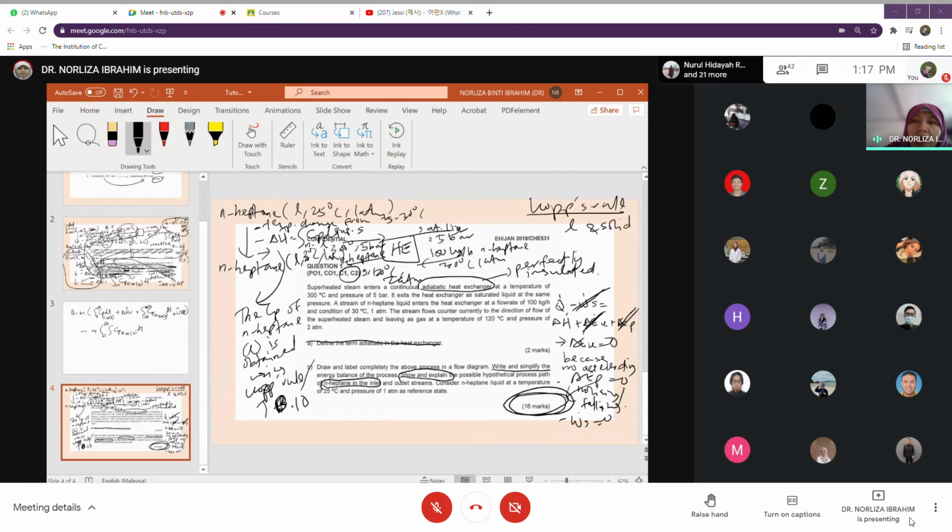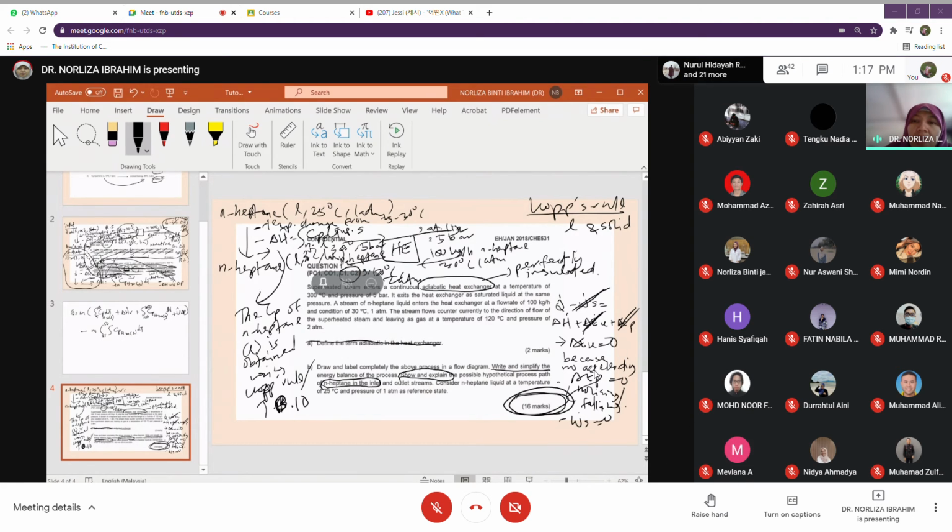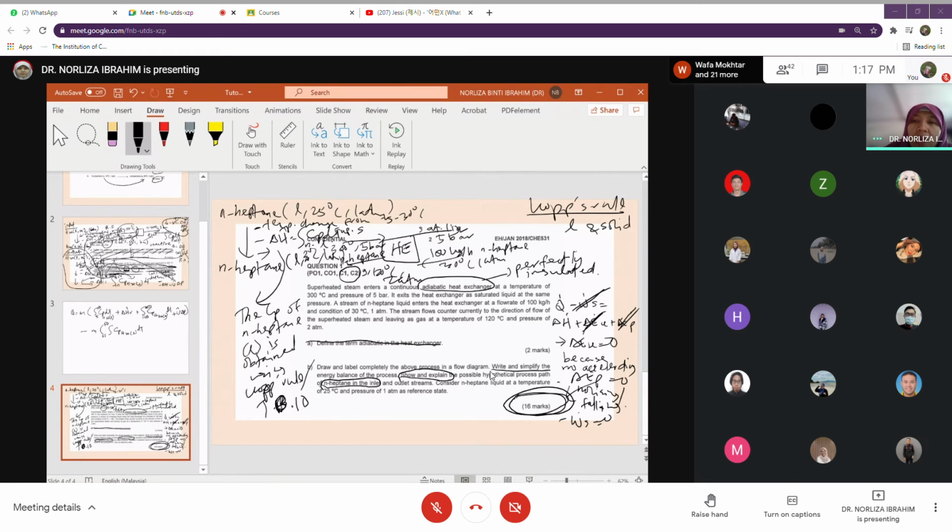Alright, so that settles the heptane inlet. How about heptane outlet? How many paths are you getting? I'm sorry, Doctor. I want to ask about Kopp's rule. In the previous PPT, the last one, it said that Kopp's rule can be used when estimating Cp of solid or liquid at 20 degrees Celsius. Yes, so you can add your elaboration.